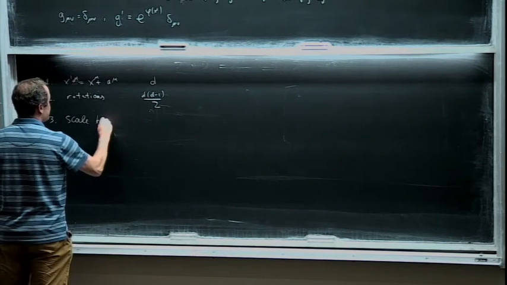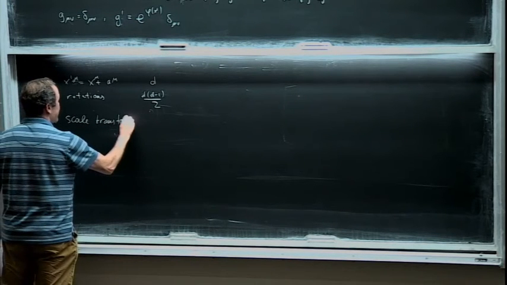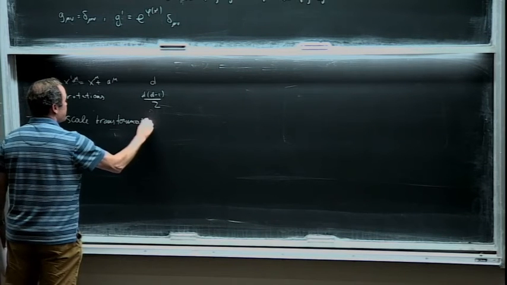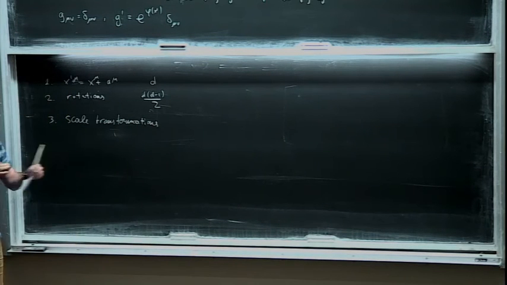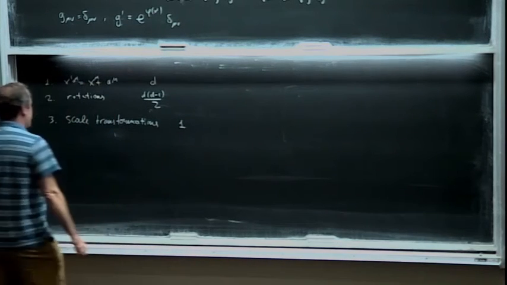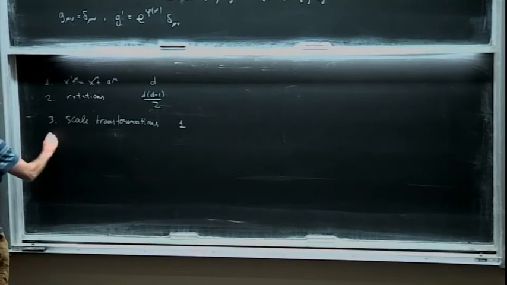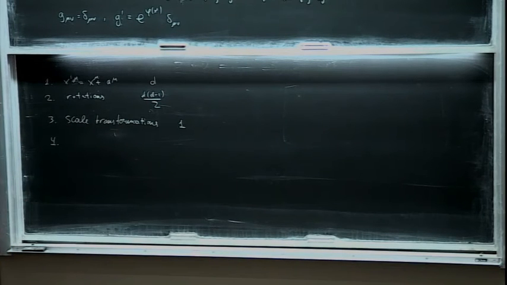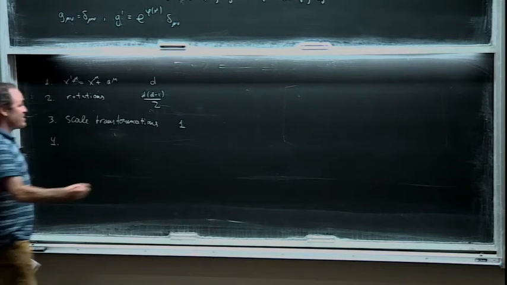And notice that scale transformations have to be scaling by the same factor in all directions. Because if you rescale by one factor in one direction, by another factor in a different direction, that will change angles, obviously. And so there's only one such scale transformation. And then finally, there is actually a fourth type of conformal transformations, usually called special conformal transformations, for which I'm also not going to write the equation, but there are d of those, actually.